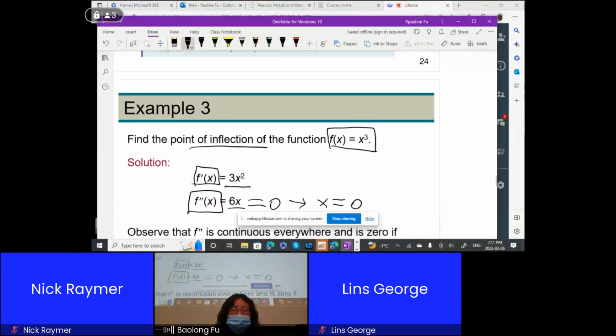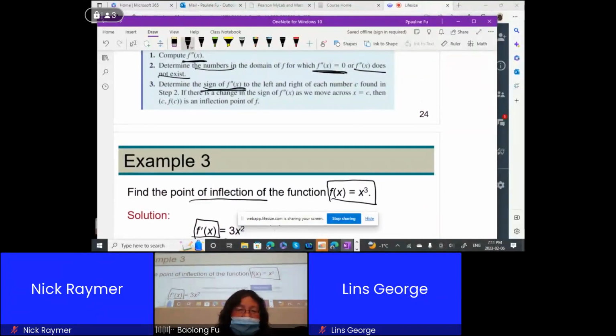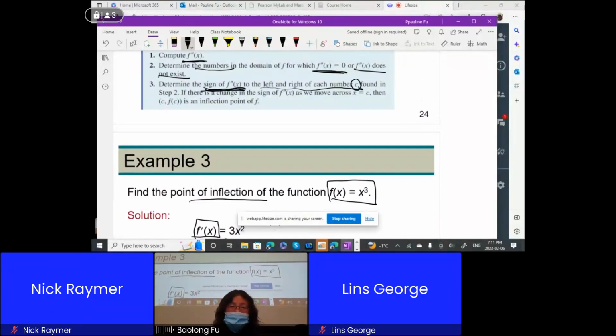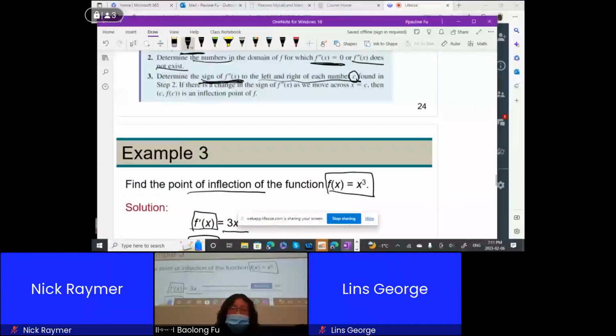Once you have this, step 3: determine the sign of the second derivative to the left and right of the number c found in step 2. In our example, 0 is the number c.